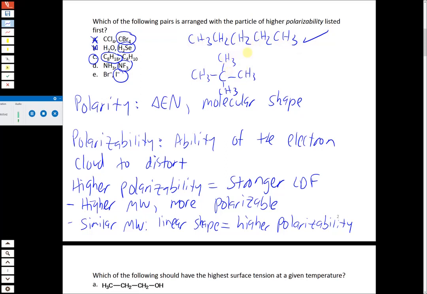These two have the same molar mass, so we can't use that to compare polarizability, but this first one, because it has the more oblong shape, is going to be more polarizable.